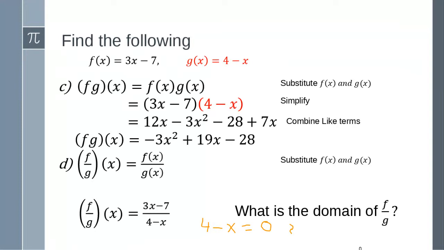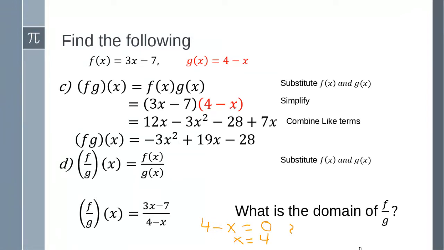So if we see here, there is a value that will make this denominator equal to 0. And if we don't see it, we can use algebra, right? We can subtract a negative 4 on both sides, multiply by a negative on both sides, and we see that we will get 0 whenever x is equal to 4.